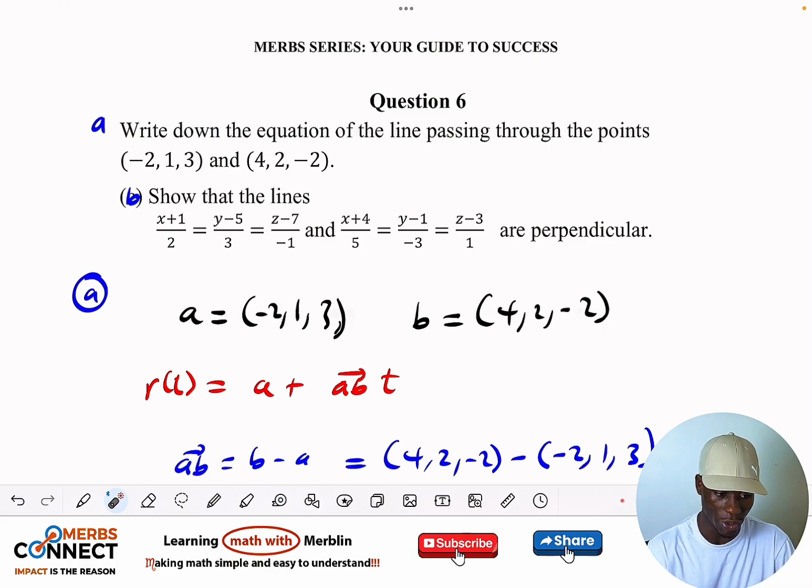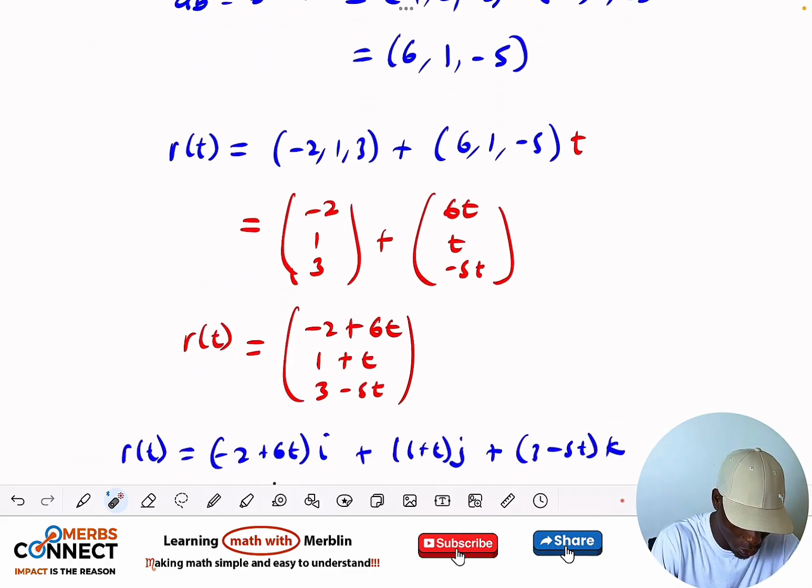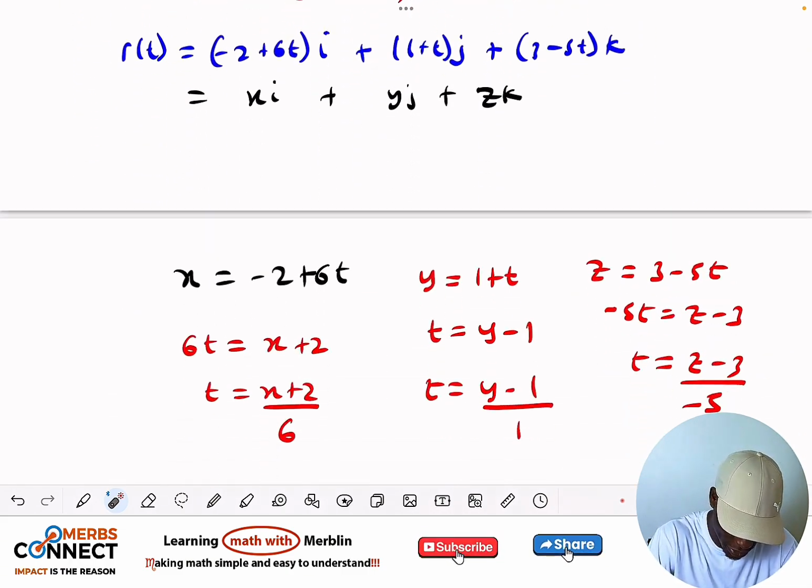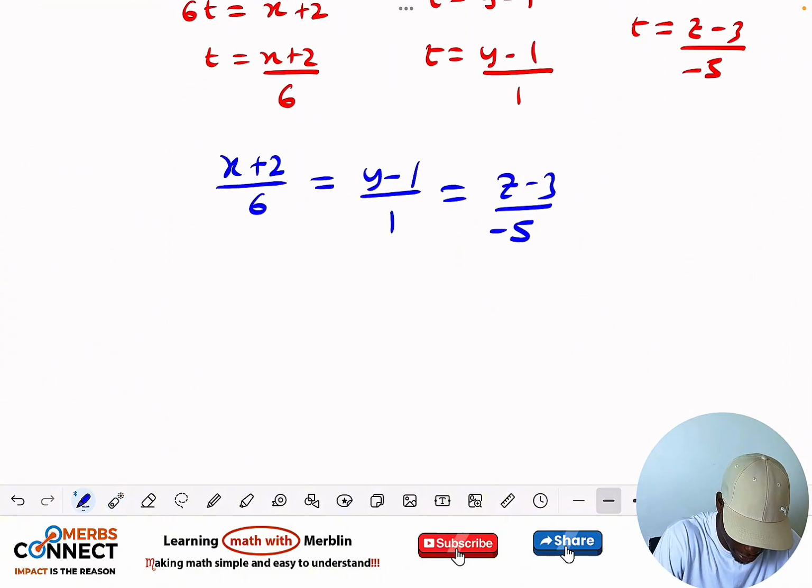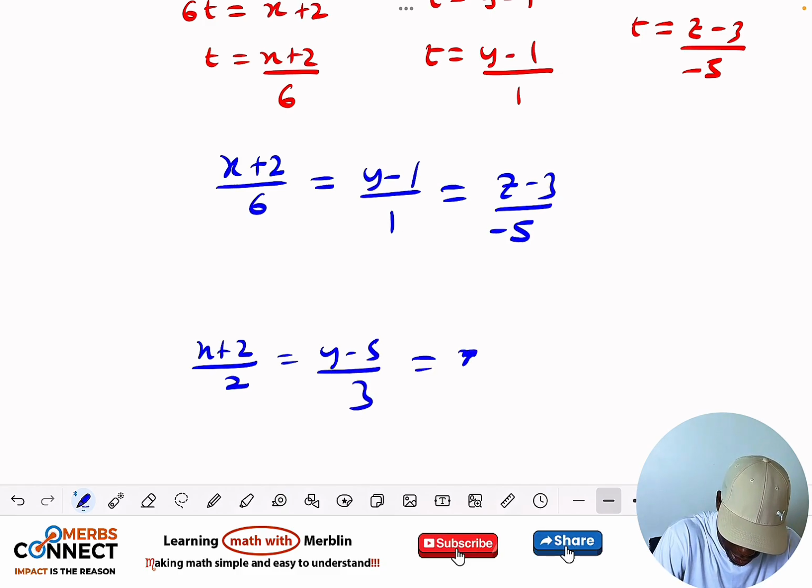But what I can do for you is try to form the equations and see what we get. So now we have the first line as x plus 2 divided by 2, which is equal to y minus 5 divided by 3, which is z minus 7 divided by minus 1.